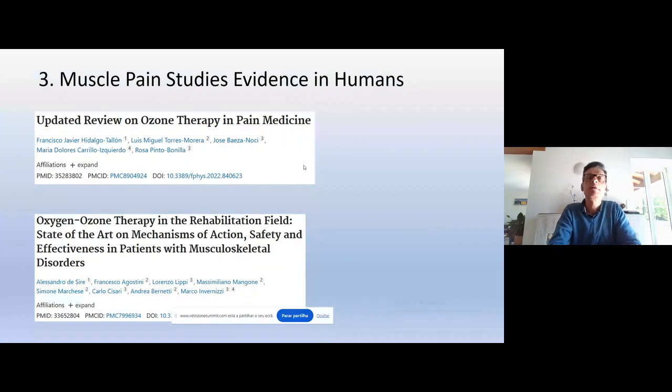In terms of muscle pain, I leave you here these studies. The first study is by the Spanish, an update review on ozone therapy in pain medicine. The second study is by the Italians, and it's the state of the art of musculoskeletal disorders.